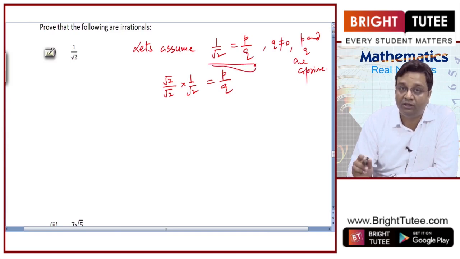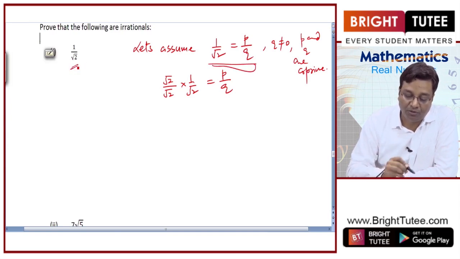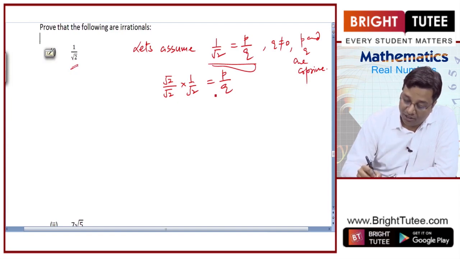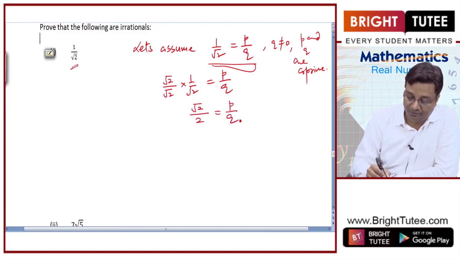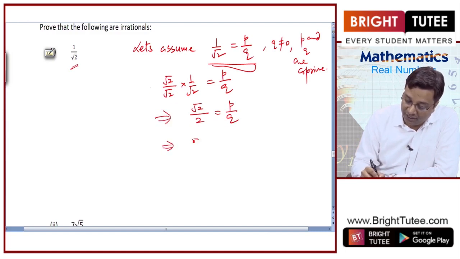This was our assumed equation, because we assumed that 1 by root 2 is rational. So now you see the numerator is root 2 and the denominator is 2. So it is equal to p by q, right? Based on this we got this result. Now we can say root 2 is equal to 2p upon q.